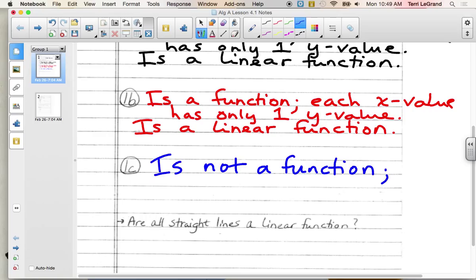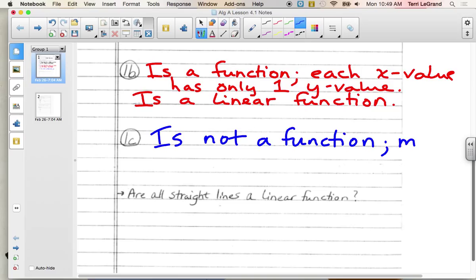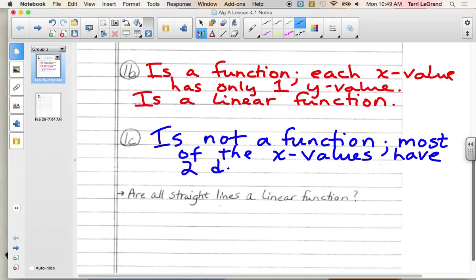There's only one place on that graph, where it makes its turn, that the x value does not have two y values. So let's state it like this: most of the x values have two different y values.